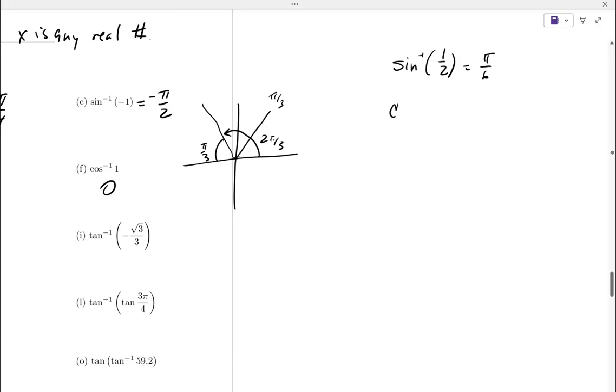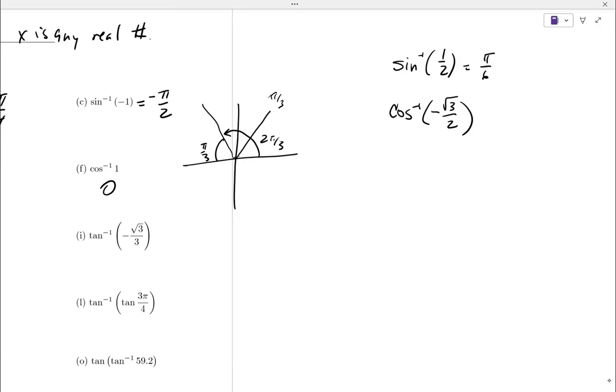Or if I asked you inverse cosine of negative root 3 over 2. Yeah, 5 pi over 6. You're exactly right. The reference angle was pi over 6. So again, if you think about reference angles, I ignore the negative.